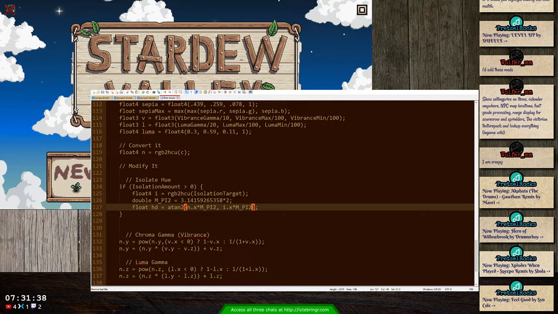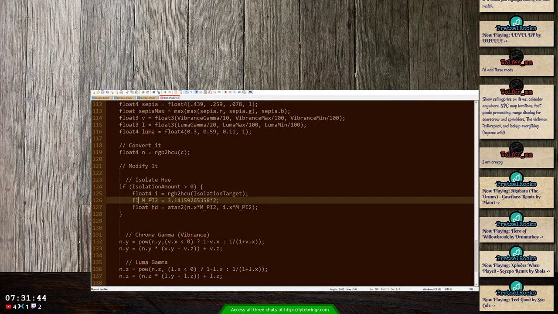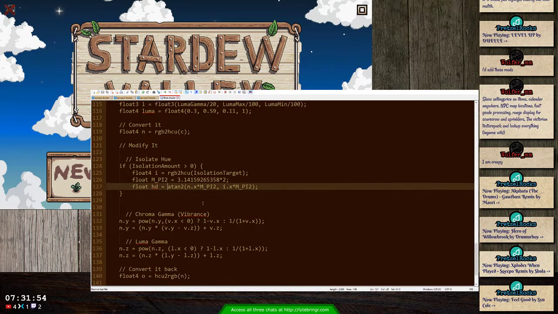Okay, save that. Reload. Broken! Float? Okay, didn't like the double, so we use a float.